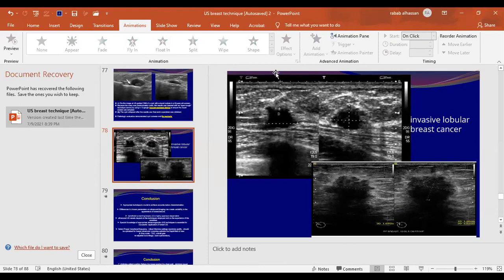Is the image shared? Have you seen it? Yes, we can see it now.